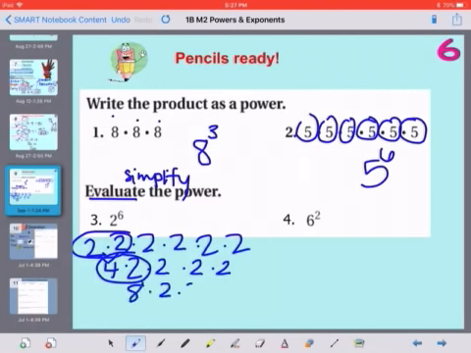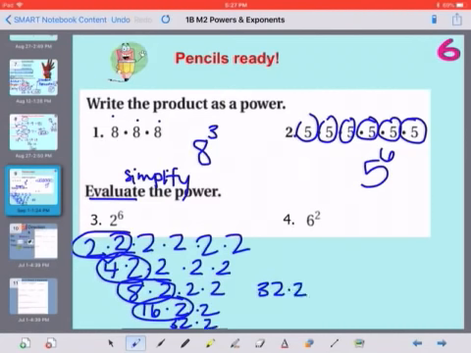And then we have 1, 2, 3 2's left over. 8 times 2 is 16. So we're done with those. Times 2 times 2. 16 times 2 is 32. Times 2. If you don't know that one, we can write it out. 32 times 2. 2 times 2 is 4. 3 times 2 is 6. So we get 64.